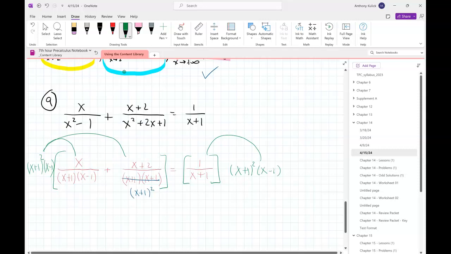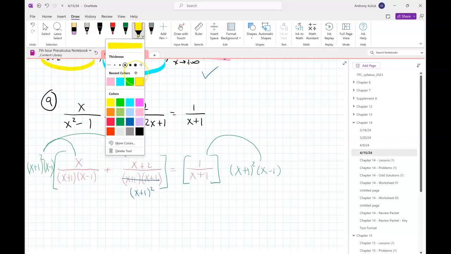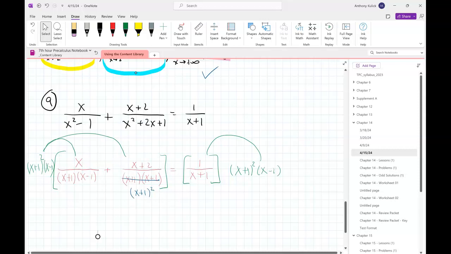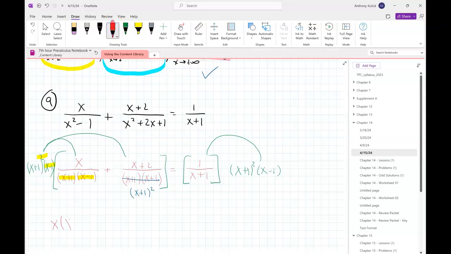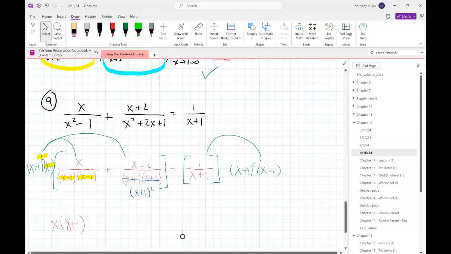When I multiply x plus 1 squared times x minus 1 to that first fraction, notice that the x plus 1 cancels out and the x minus 1 cancels out. And we're left with x times x plus 1. Can you see that? When I multiply it to the second fraction, the x plus 1 squared cancels out.